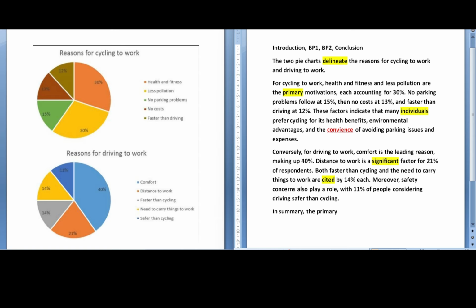The primary reasons for cycling to work are related to health, environmental benefits, and cost effectiveness. Cost effectiveness, double S.